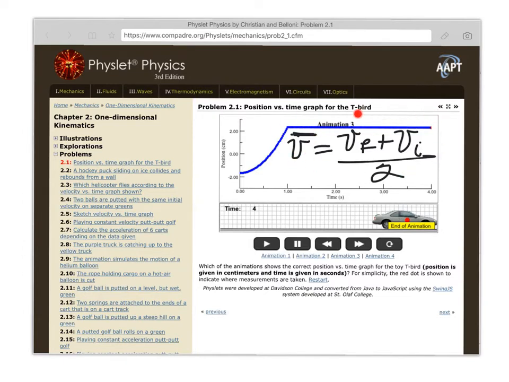This is the equation for constant acceleration that also describes the average velocity. And if you do the algebra, v initial is 0. Multiply both sides of the equation by 2, and algebraically you get that v final is 2 v average. That gives you your 8.